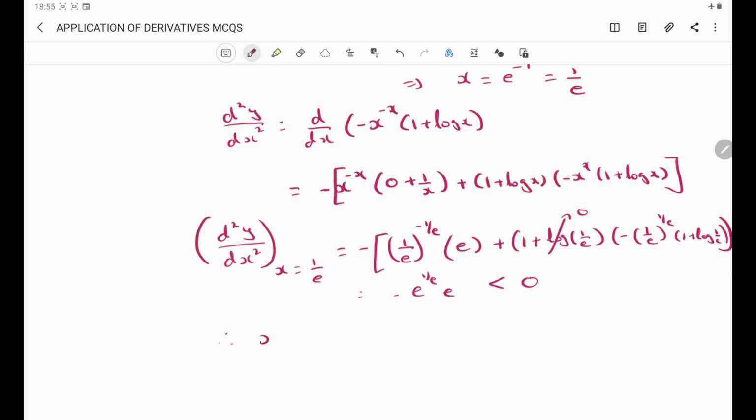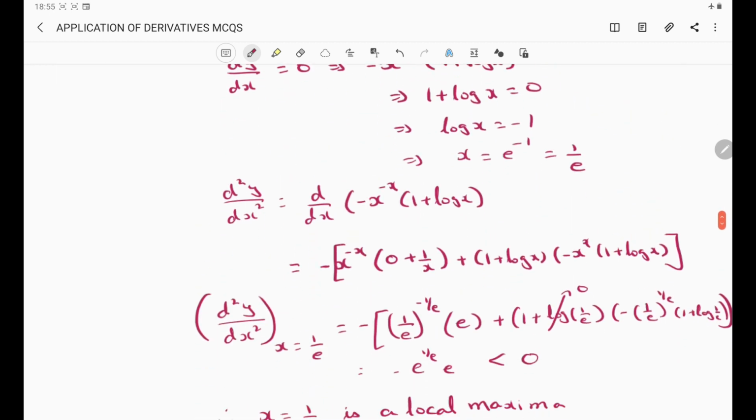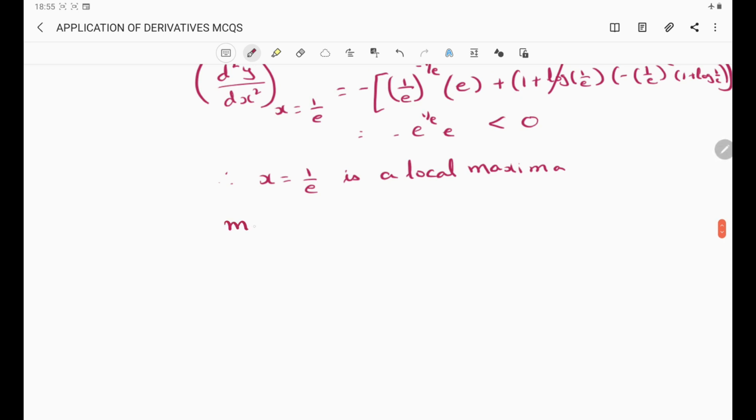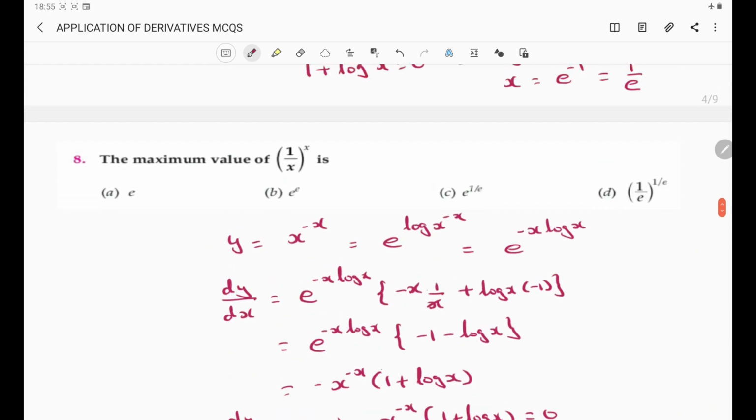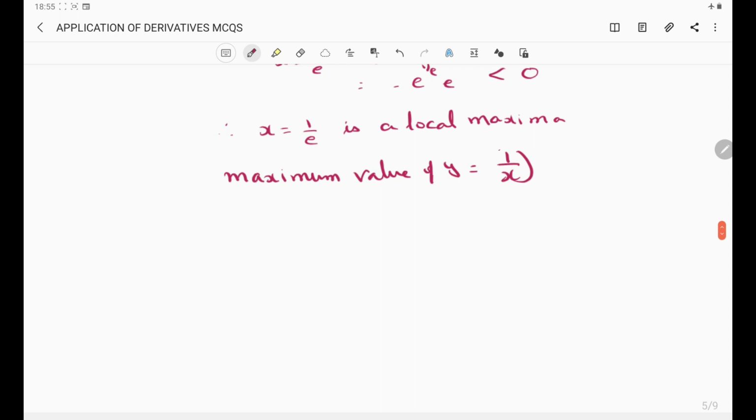Therefore x equal to 1 by e corresponds to a local maxima, by the second derivative test. So we have to find here what is the maximum value of the function. The maximum value of the function is y equal to 1 by x whole to the power of x.